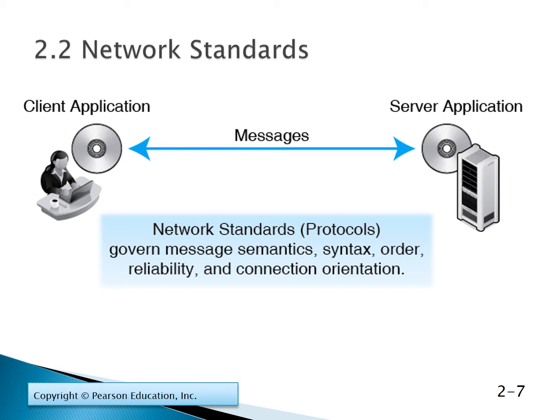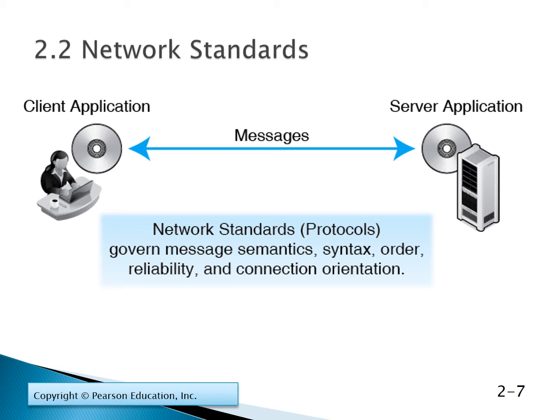There are different things that are defined in network standards, like message semantics, the meaning of the message; syntax, the grammar or the format of your message; the ordering of your message; and reliability of your message. In networking, reliability has a special meaning.